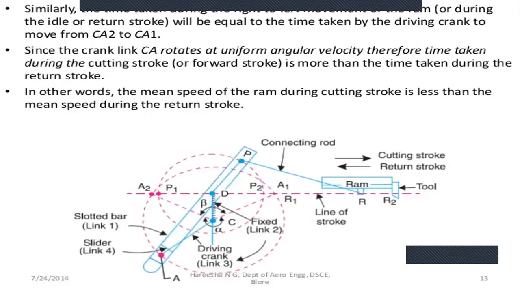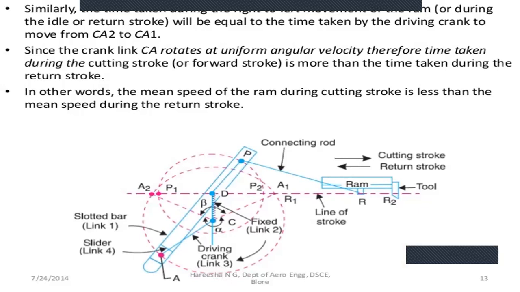Similarly, the time taken during the right to left movement of the ram will be equal to the time taken by the driving crank to move from CA2 to CA1.